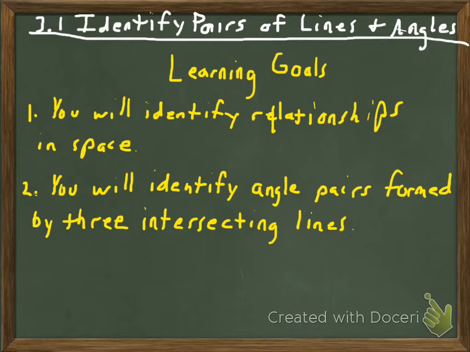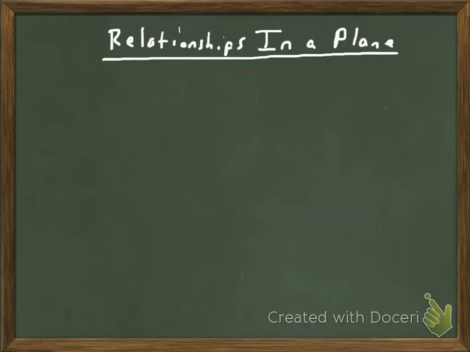Alright, well let's go ahead and start with identifying relationships in space. And the way I'd like to do that actually is by talking about relationships in a plane to begin, because, well, I've got to compare two-dimensional to three-dimensional if you're going to understand what we're doing with relationships in space.